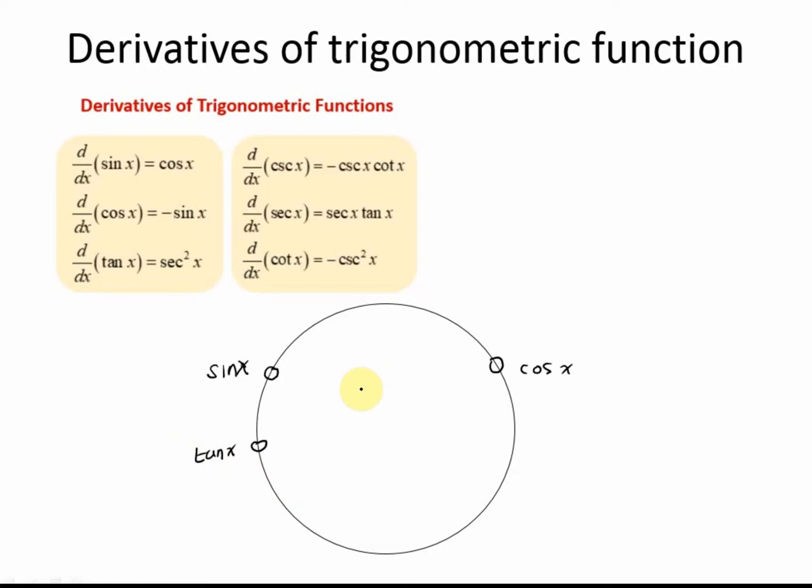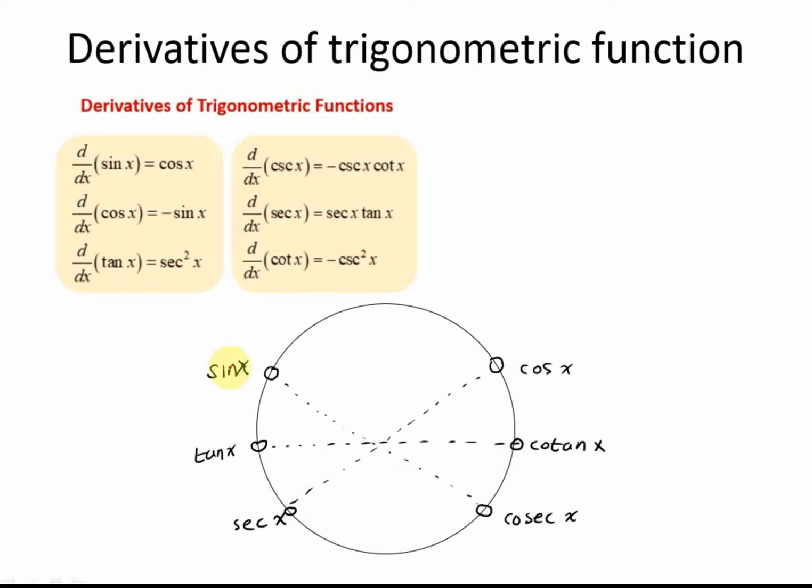Then I locate the reciprocals in the opposite direction. So this one should be cosecant, and the reciprocal of cosine is secant x, and the reciprocal of tangent is cotangent x, like that. So you just located the 6 trigonometric functions like that.